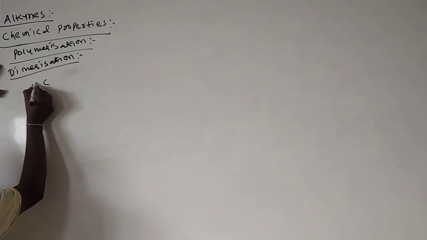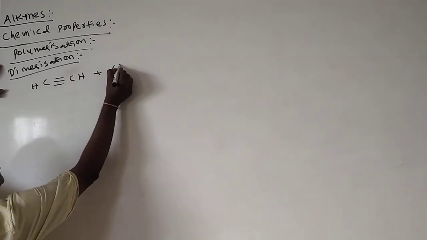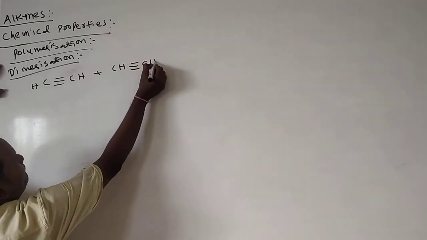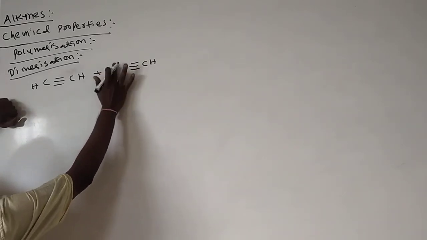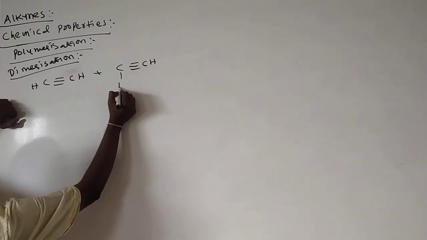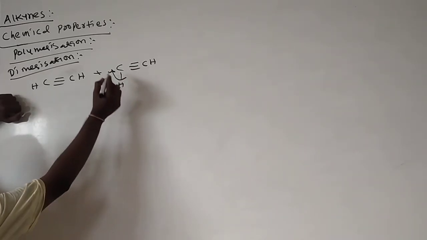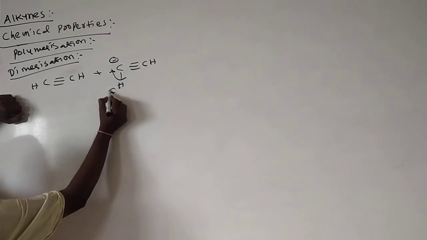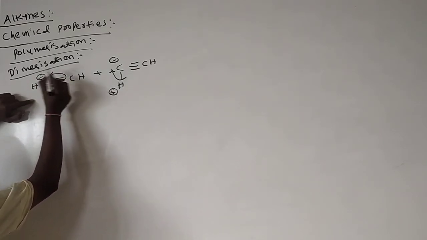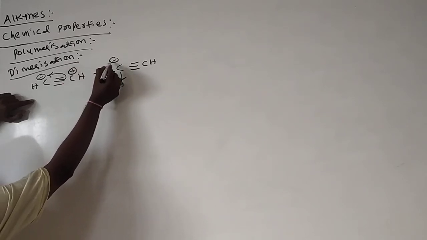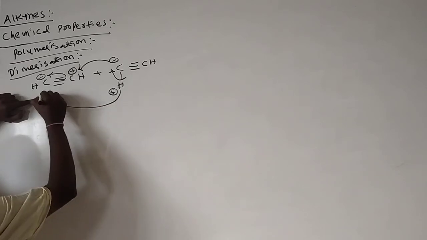Dimerization. Here I am taking one acetylene molecule, which reacts with another acetylene molecule. See here, carbon, hydrogen, carbon donate electrons towards this one, it gets negative, it gets positive. Here also electron is transferred from one atom to another atom. Here negative charge is there, negative charge reacts with positive. This hydrogen reacts with this one.